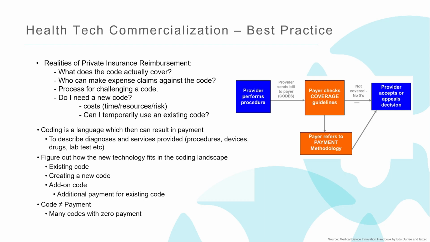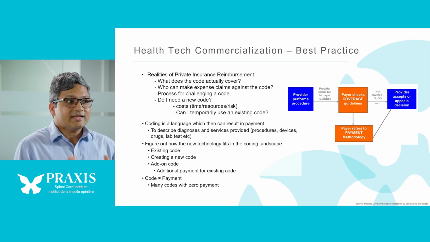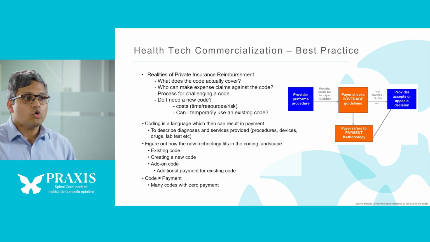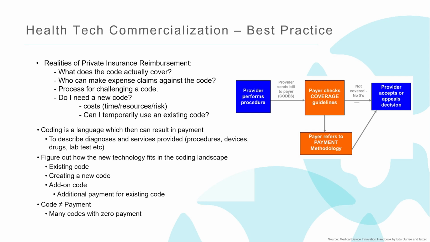In terms of the reimbursement that I talked about, there are multiple facets of getting your technology reimbursed by the payers. One thing that you need to look at is whether there is an existing code for the technology or innovation. A code is a way of categorizing medical technologies that is tied to a reimbursement amount. You need to look at whether there is an existing code that might work better for you, because then you don't have to worry about reimbursement right from the get-go.